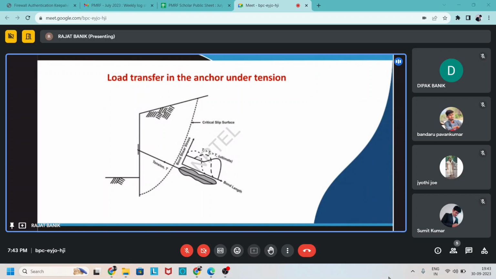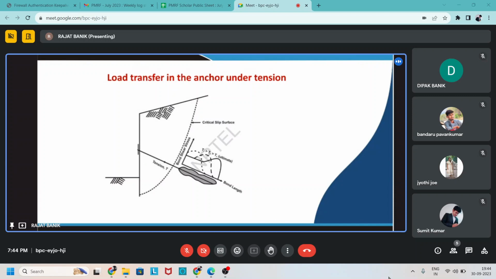There is only tension happening through the tendon. But in the bond length, which is behind the critical surface, we can see the bond shear stress versus bond length curve. Here we can see that at the critical failure surface, there is some minimum bond stress.